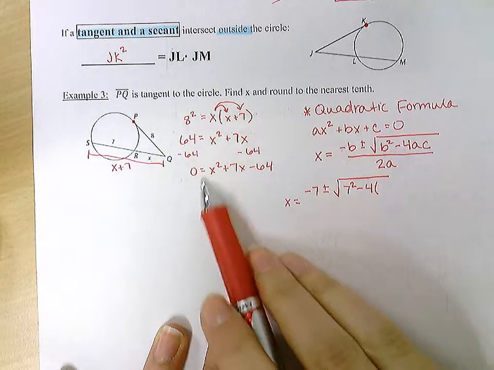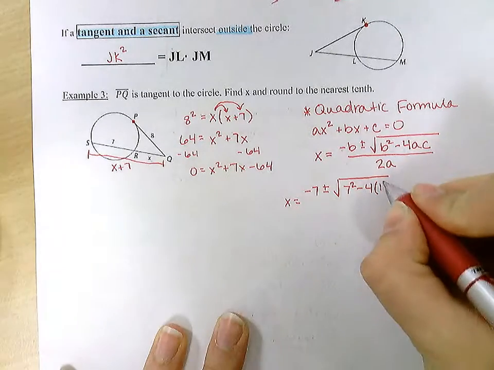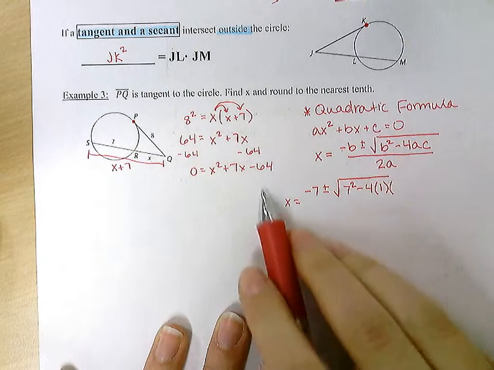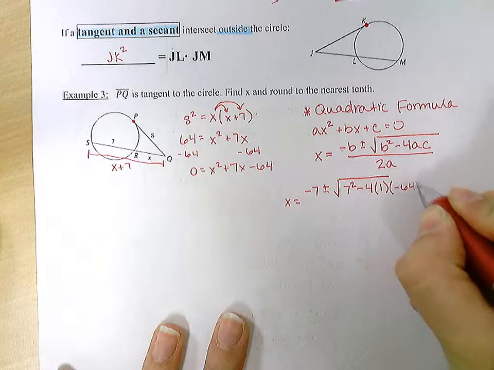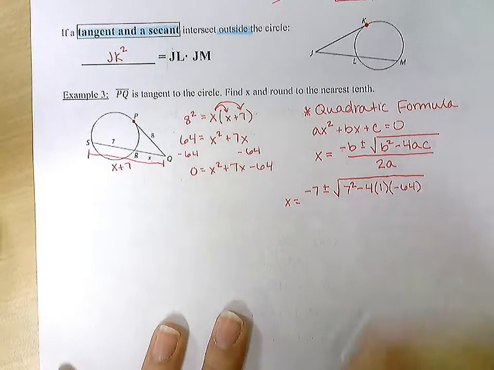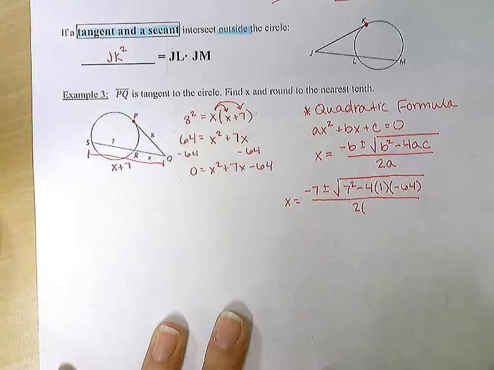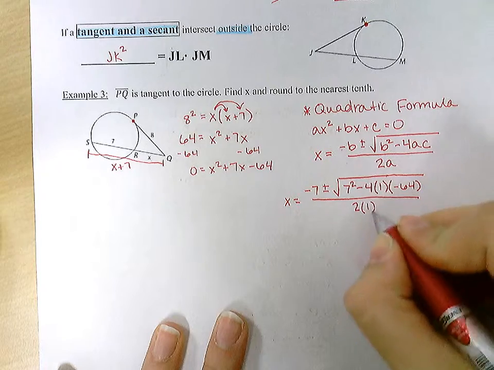Okay, a is in front of x squared. If we don't have a number there, it's just 1. Times the c value. C is that constant on the end, so ours is negative 64. Okay, that's all over 2 times, again, our a value, the one in front of x squared, that is 1.